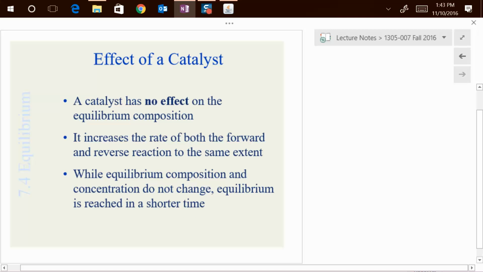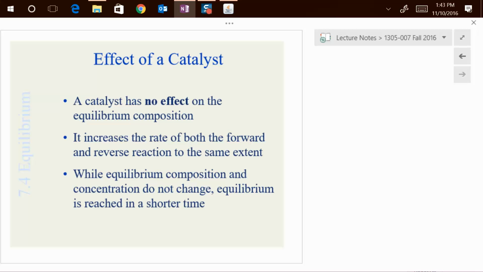Okay. How about a catalyst? A catalyst has no effect on equilibrium. It increases the rate of both the forward and reverse reactions equally. So it doesn't affect an equilibrium. This is kind of a famous question. So, how does a catalyst affect equilibrium? It doesn't. What do catalysts affect? They affect the rate of reactions.